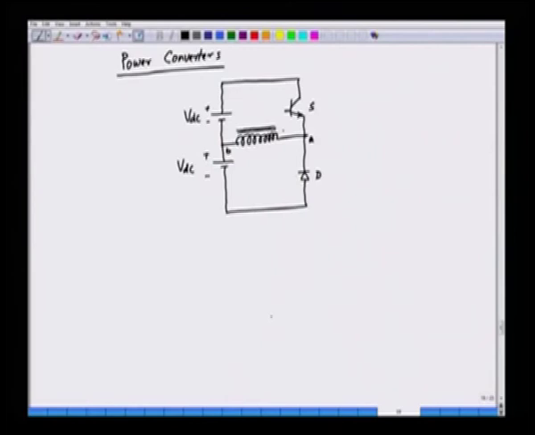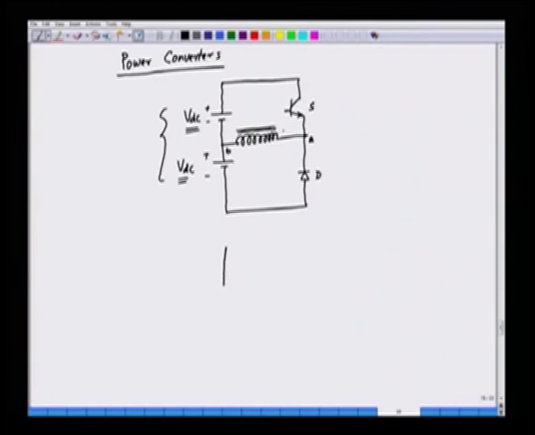We have a little different criteria. In this case, we need both two supplies, VDC here and VDC here. So a little variation can be seen if we can manage this same thing by a single supply.